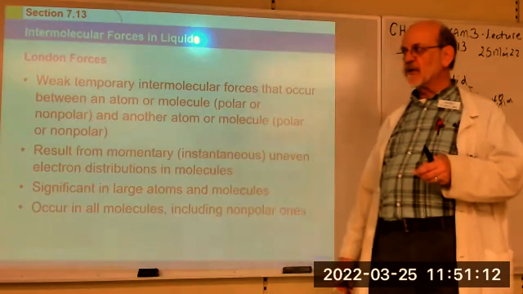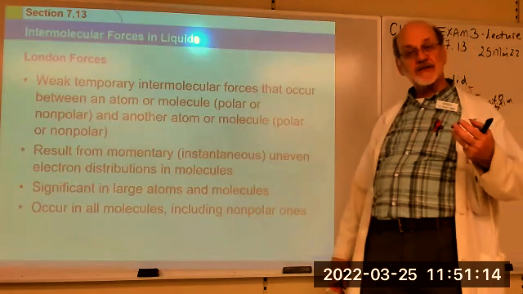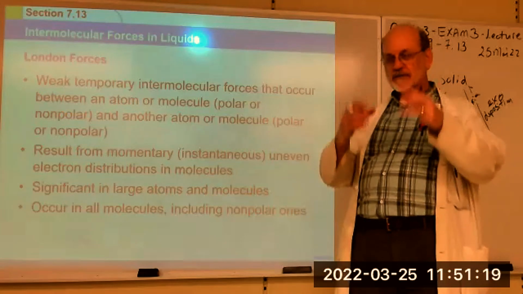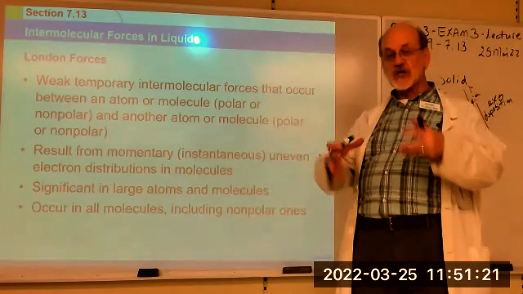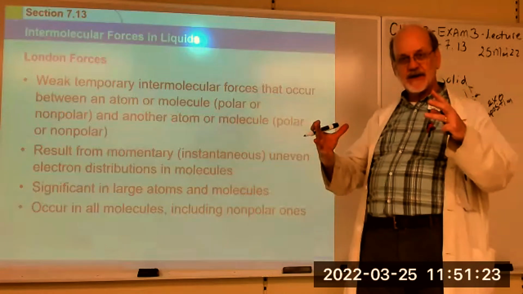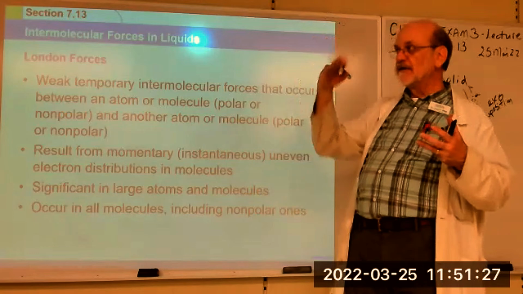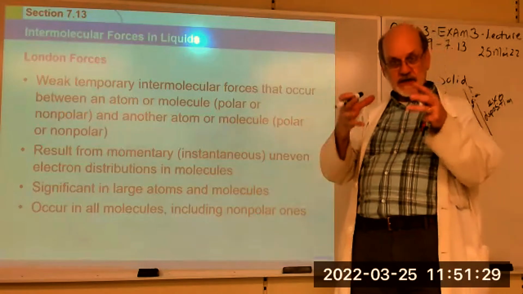You even get London dispersion forces among the noble gas atoms. They're stronger with the larger ones. So xenon is a huge atom. Okay, it has a much higher boiling point than krypton, which is getting smaller.